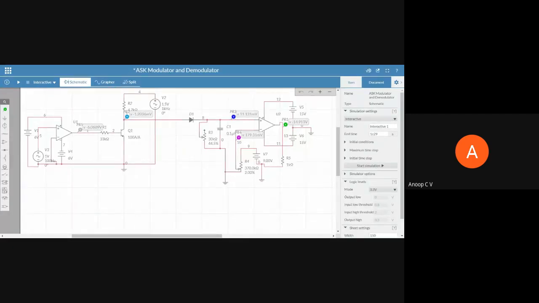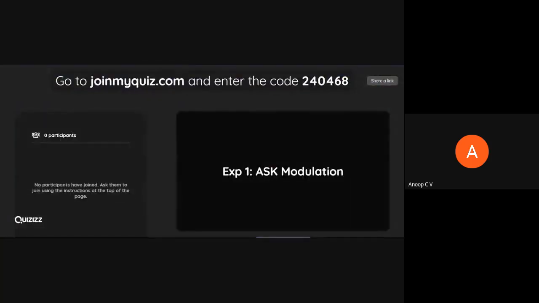If you don't have any other doubt, I think we'll move on to the quiz session. Again, today's quiz will be conducted in Quizizz. I'll share the tab now. Is my tab visible, the Quizizz tab?